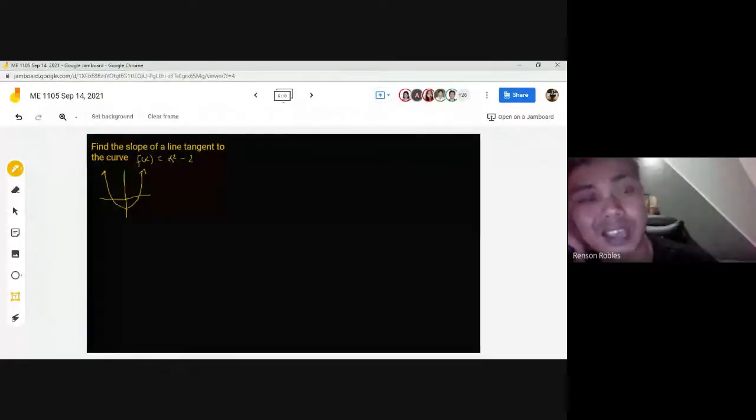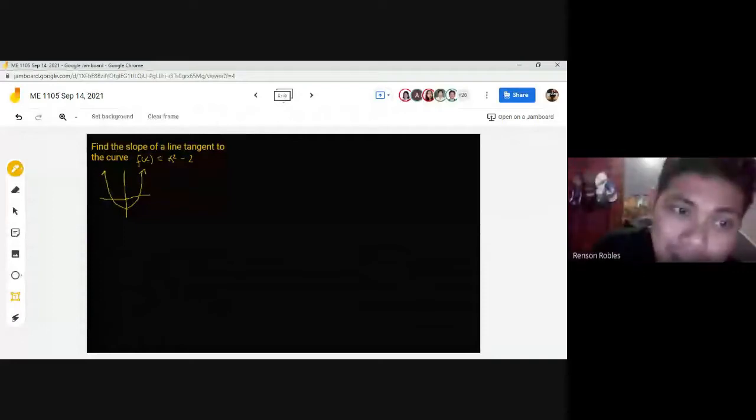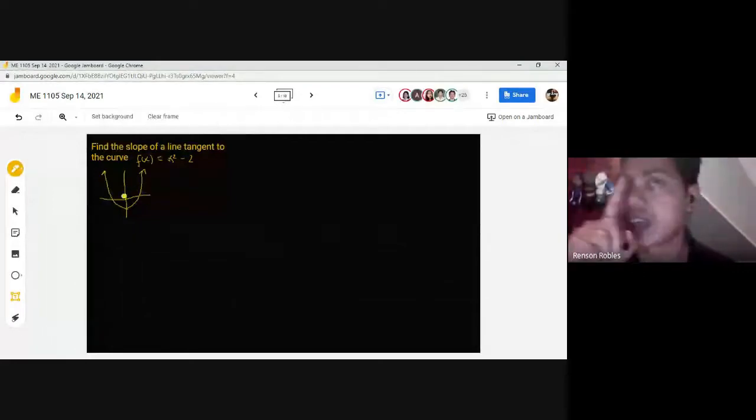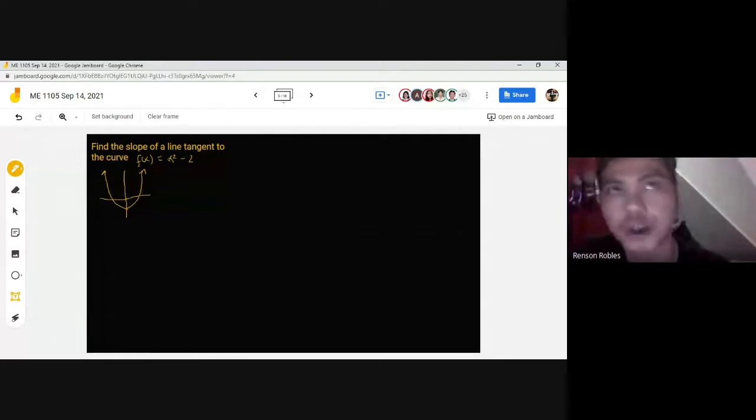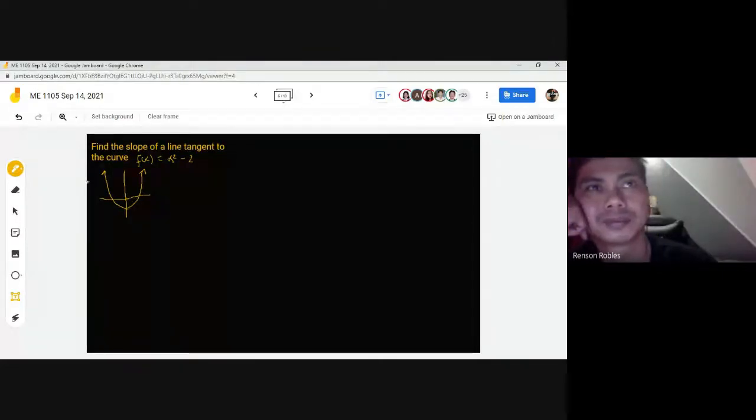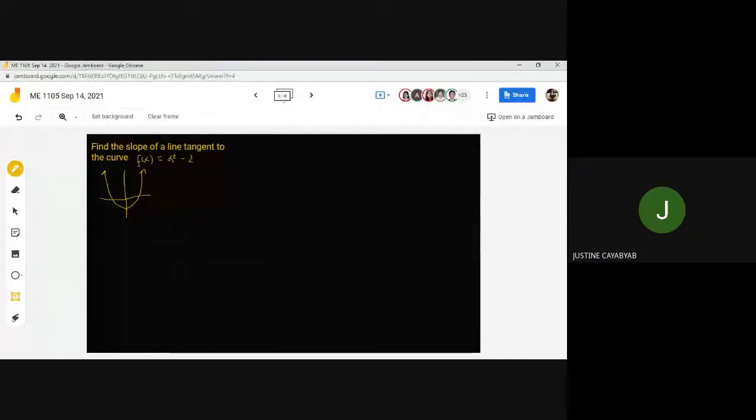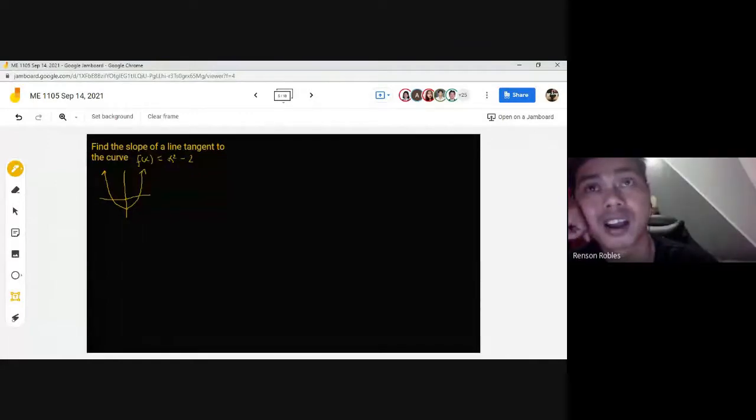Now, if there are infinitely many points here and a tangent line is touching the curve at a specific point, ibalik natin yung question. How many tangent lines can you draw out of this curve? Isa po. Ganun din po, which means there are infinitely many tangent lines.